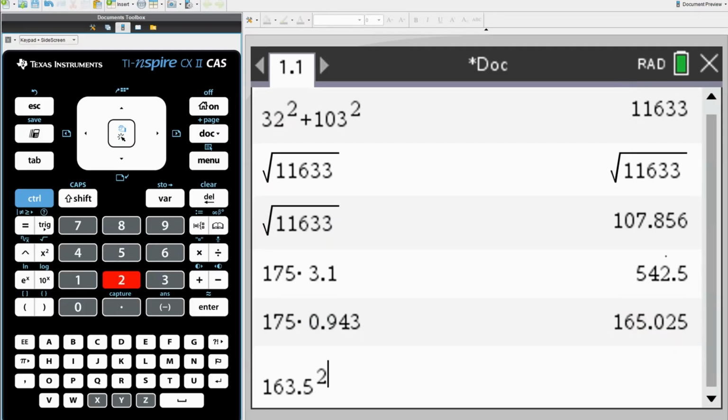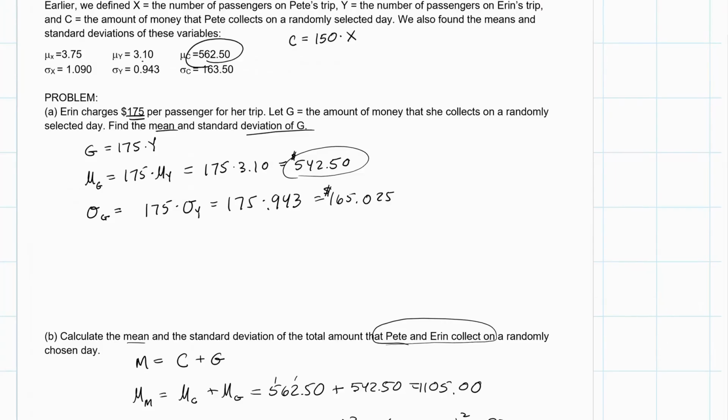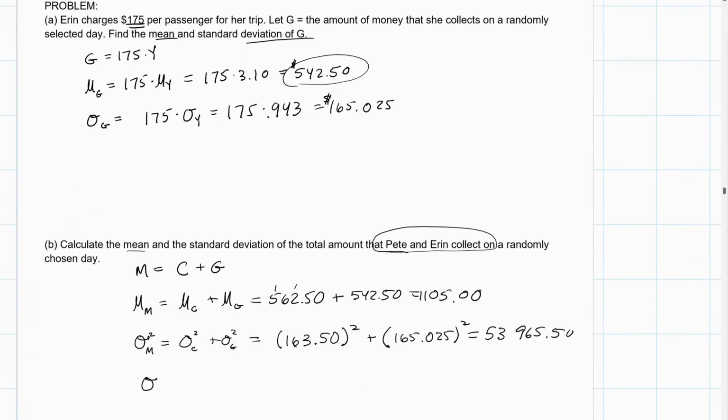Okay. So 163.50 squared plus 165.025 squared. We'll add them up, and there's our variance of M, which is 53,965.50. And in order to find the standard deviation, of course, we'll have to take the square root of that.